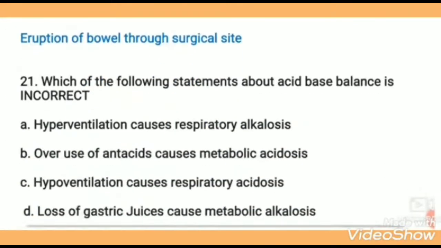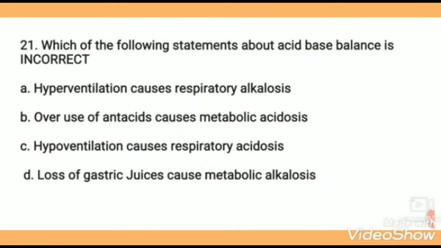Next question. Which of the following statements about acid-base balance is incorrect? Hyperventilation causes respiratory alkalosis. Overuse of antacids causes metabolic acidosis. Hypoventilation causes respiratory acidosis, or loss of gastric juices causes metabolic alkalosis.